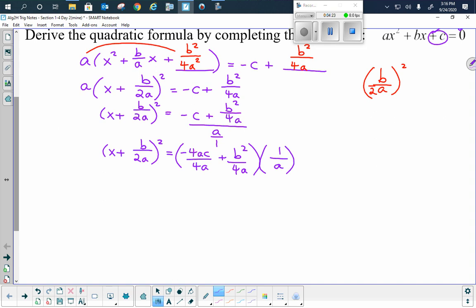All right, so if we go ahead and clean it up a little bit, the left side says x plus b over 2a, quantity squared, equals, let's write this in an order that you're used to.